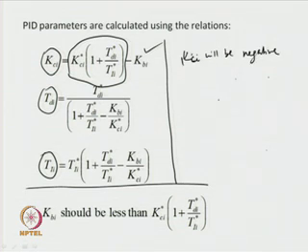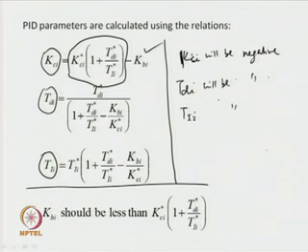When Kci is negative, similarly Tdi and Tii will also be negative. So, all these constants will be negative or unrealizable, which is not allowed in closed loop control systems. They will assume negative values unless the first term is greater than the second term. So, this factor is very important.